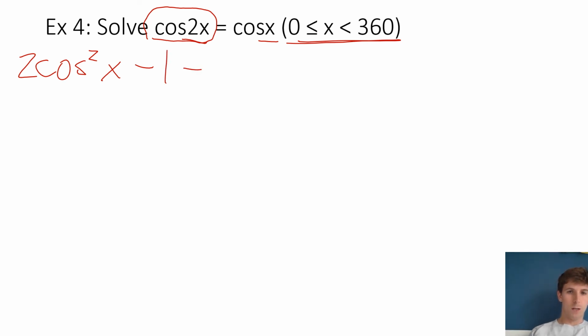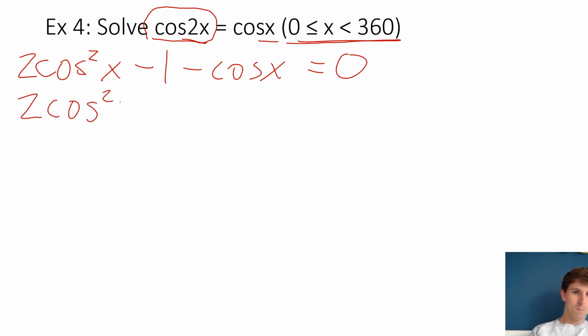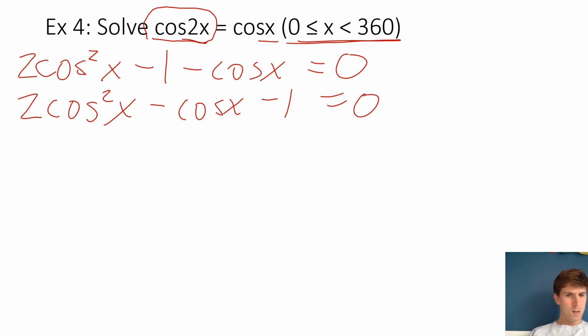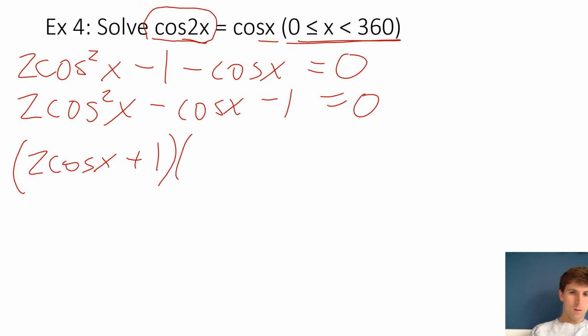I'll move the cosine x over right now and do a little rearranging, because I'm going to want to try and factor this if possible. That's not too bad to factor. We could do 2 cosine x plus 1 times cosine x minus 1.